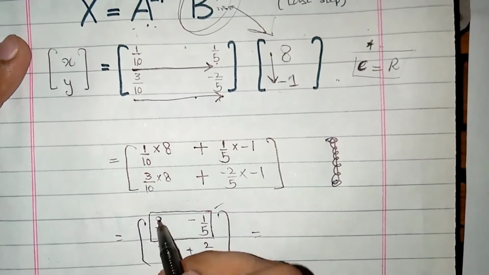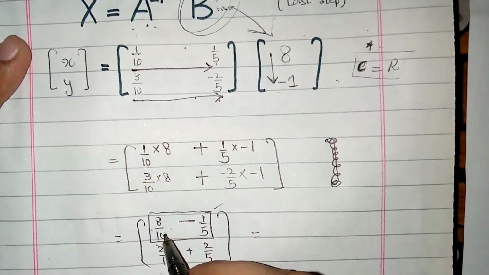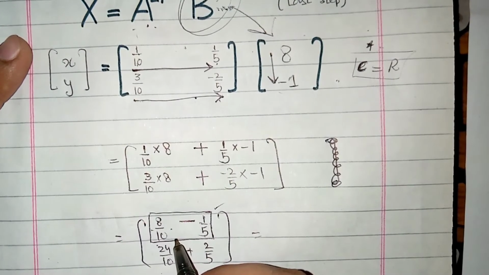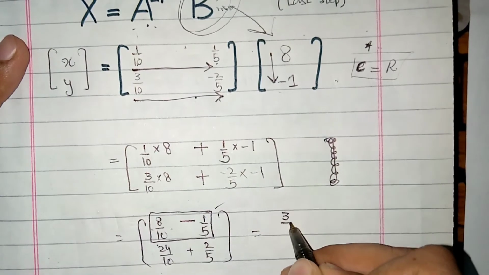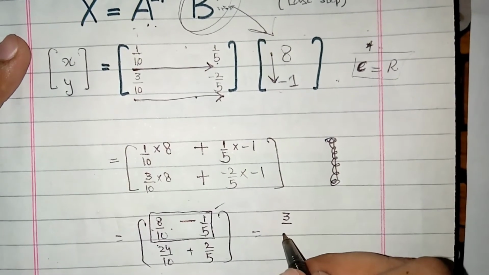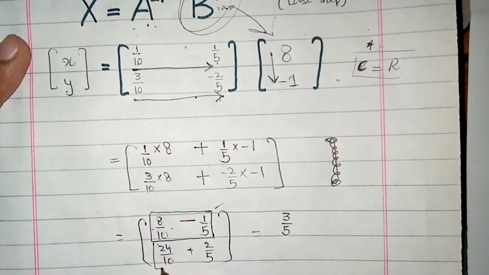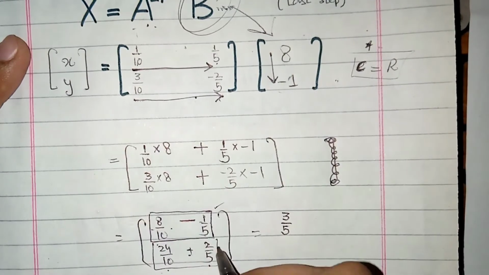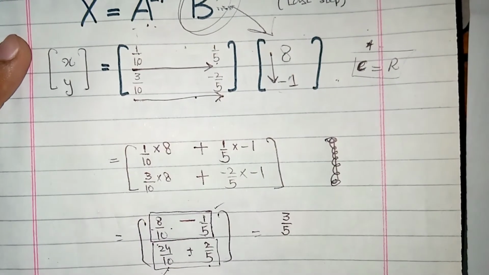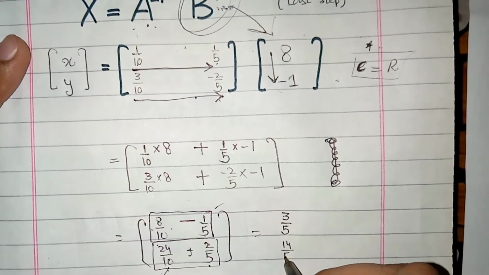If you put 8 over 10 negative 1 over 5 in the scientific calculator, you will directly get the answer 3 over 5. And if you put 24 by 10 positive 2 by 5 in the scientific calculator, you will get your answer equal to 14 over 5.